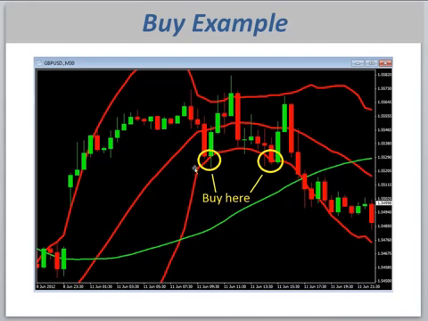So we have these two positions here. We're going to be buying when it gets oversold, but it's still above the 50-period moving average. We're trading the trend. The trend is moving higher, and we're buying on that trend when our Bollinger Bands tell us that it's oversold.